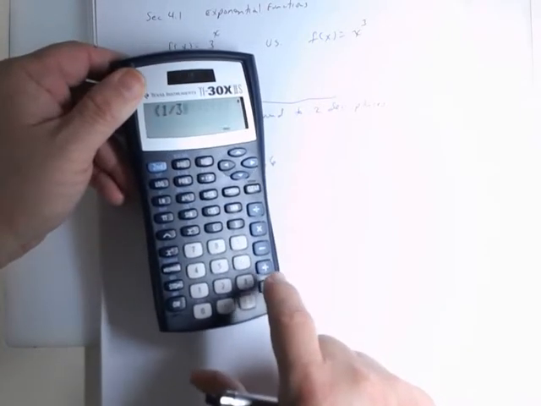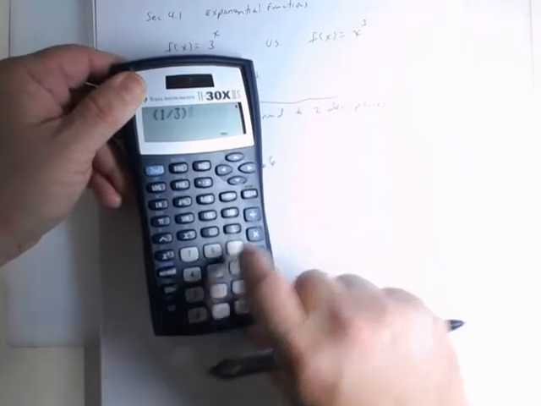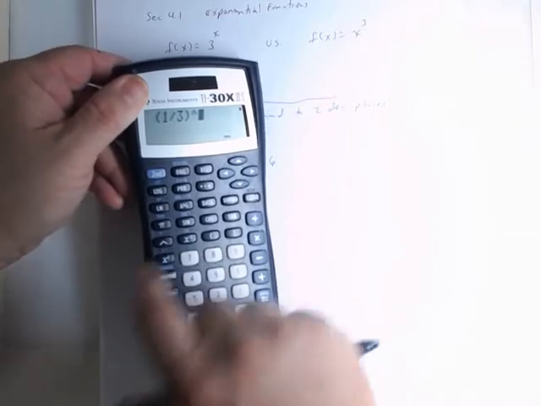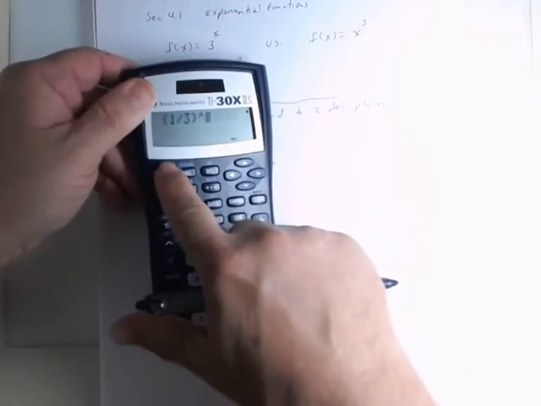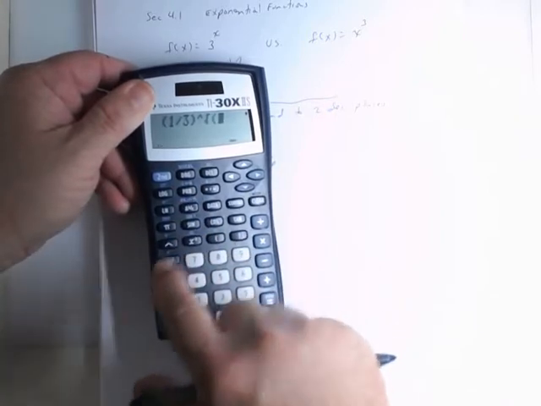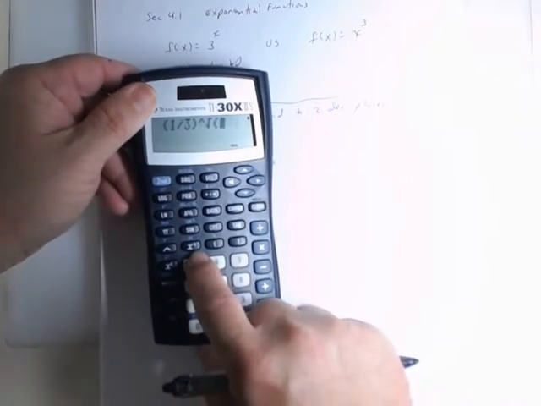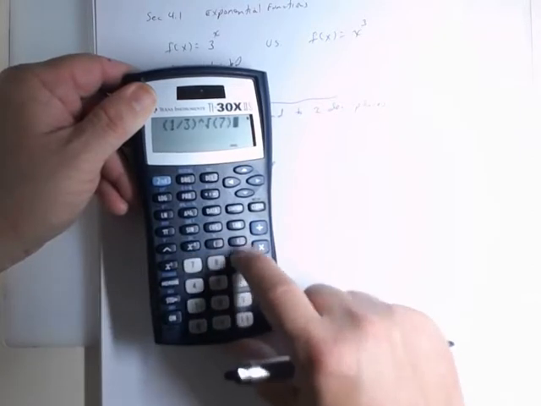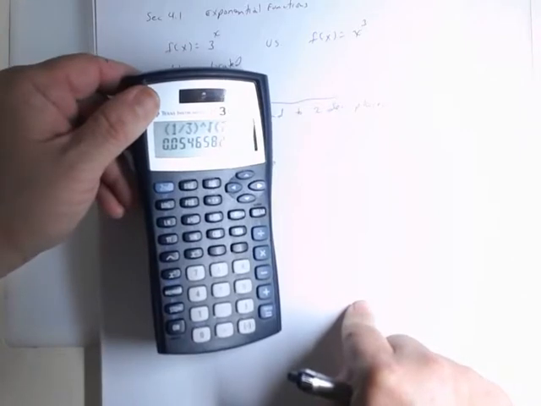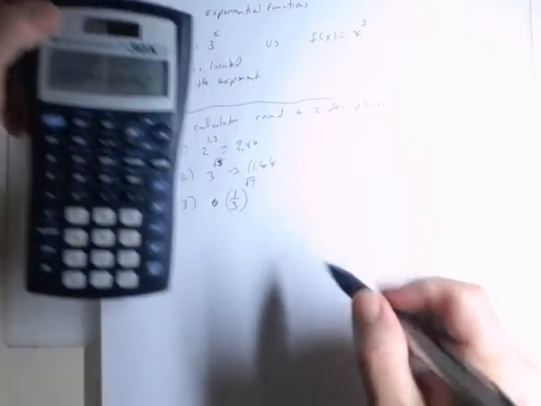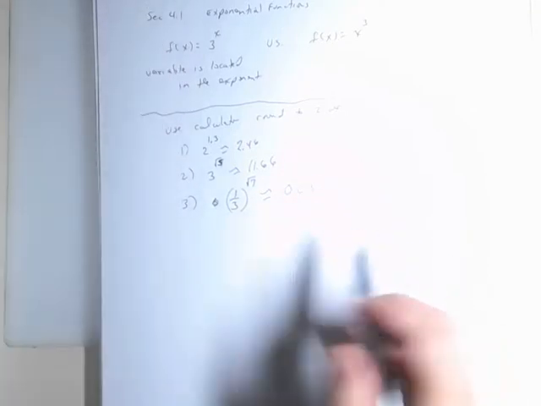That's 1/3, right? What do I press next? Close parentheses. What do I press next? Raise it. And then square root, right? Square root of 7. So second x squared, you get that. What do I put inside that parentheses? 7. Close it. Press equal. And that's 0.05. Okay, so any questions at this point?